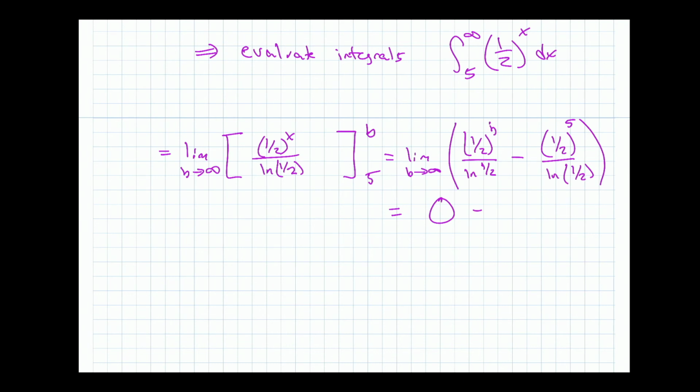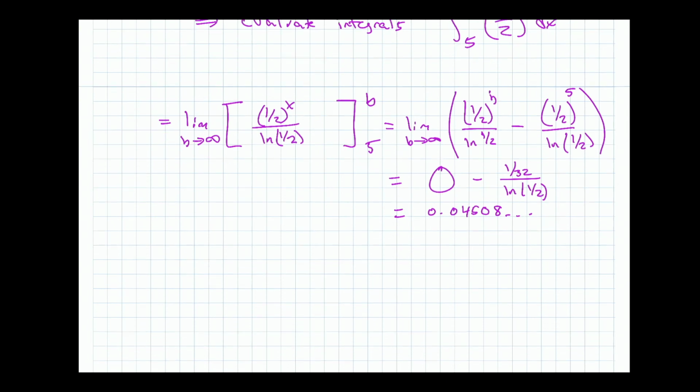And so I just have minus 1/2 to the 5th, which is 1 over 32, over ln 1/2, which, if I grab a calculator, actually turns out to be positive, or it should. So 1 over 32 divided by ln 0.5, and so I get 0.04508.